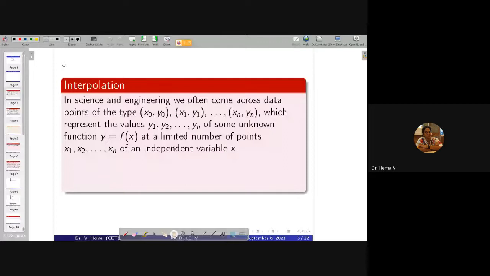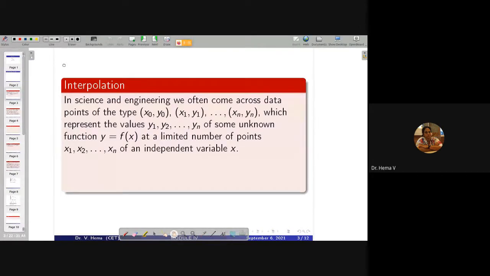Okay, so interpolation. Interpolation is one of the very important techniques in numerical analysis. Suppose you have a few sets of data points, like for example, taking the census. The government takes the census only once in 10 years, like 1961, 71, 81, 91, 2001, 2011, 2021.